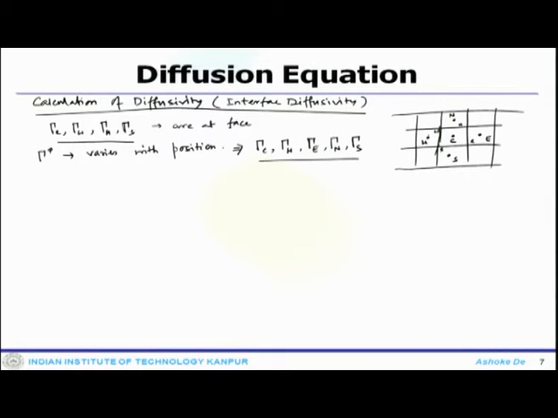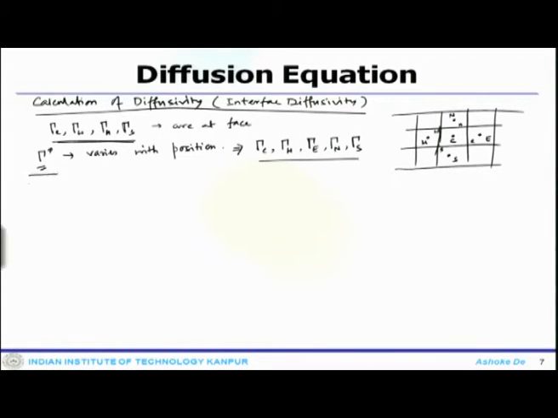This happens when you have non-homogeneous materials where the diffusivity coefficients vary along the grid points. So the calculation of this interface diffusivity becomes important.